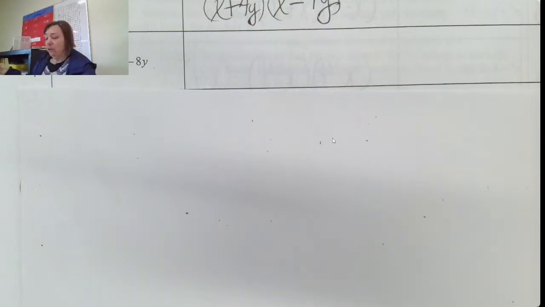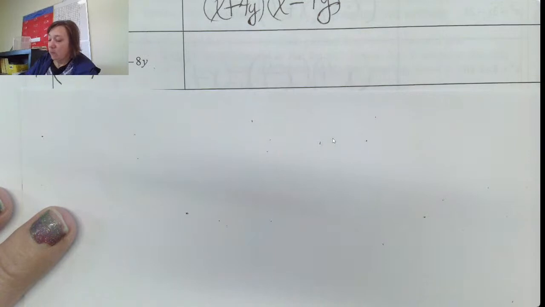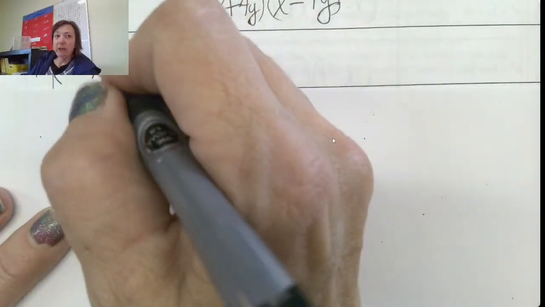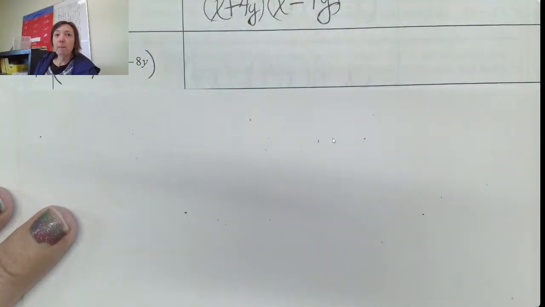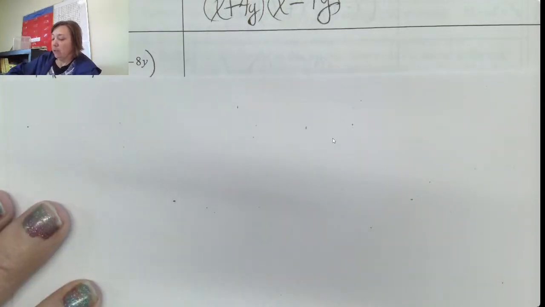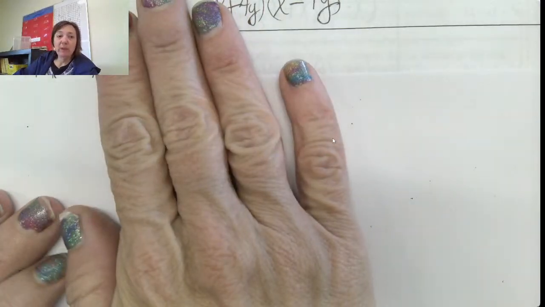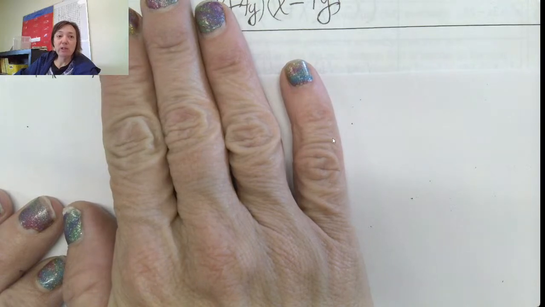So what we're going to do is group these two together, and then group these two together. That makes a lot more sense. Once we group them together like that, we're going to ignore this side for a minute and focus on just those two.